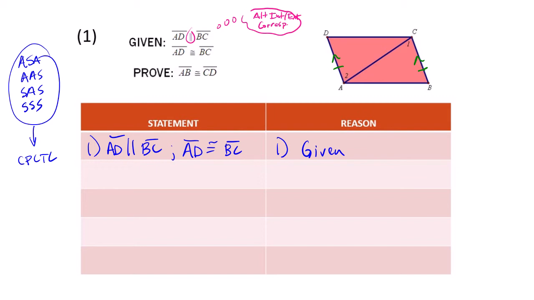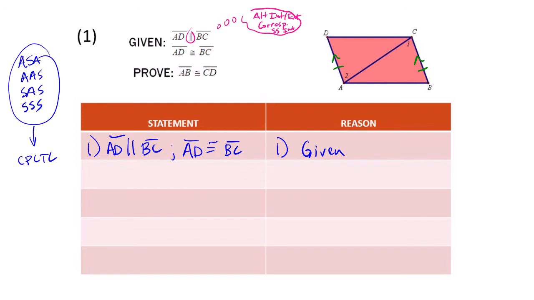Or maybe same side interior. Okay, so those are things we're thinking about when we see parallel. So if we look at this situation here, we already have two sides congruent, right? So really, any of these is on the table, right? Because they all need at least one side.